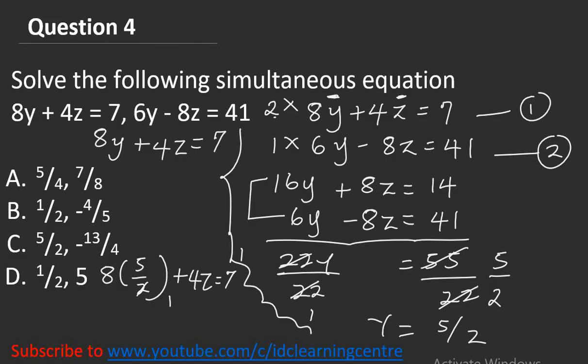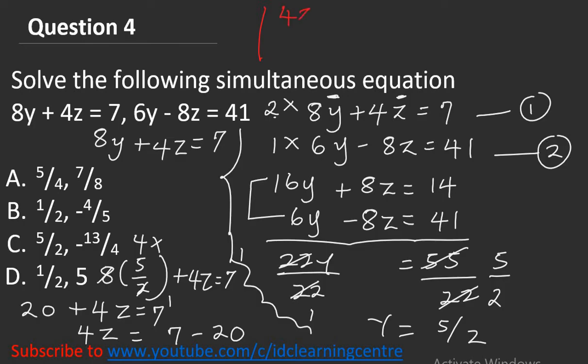2 into 8 is 4. 4 times 5 is 20. We have 20 plus 4z equal to 7. Move 20 to the other side. We now have 4z equal to 7 minus 20. 4z equal to 7 minus 20 is negative 13.